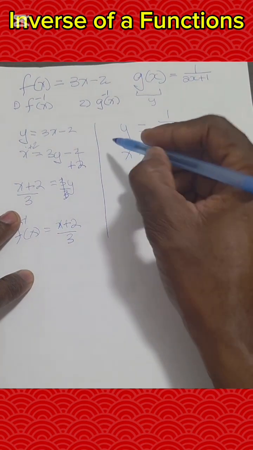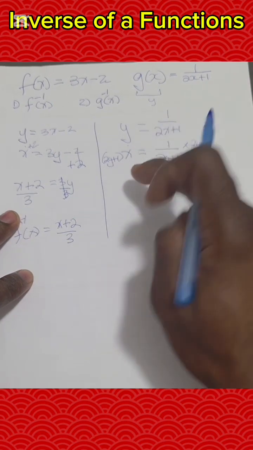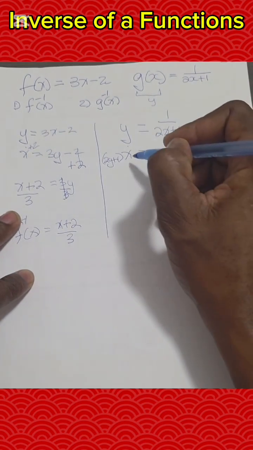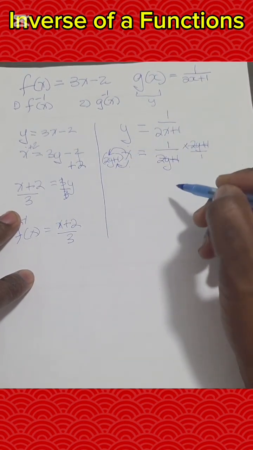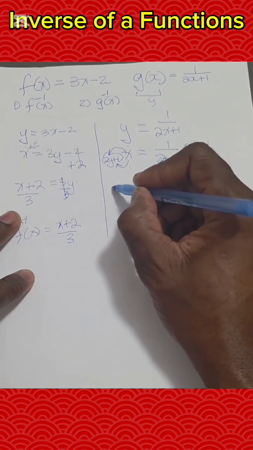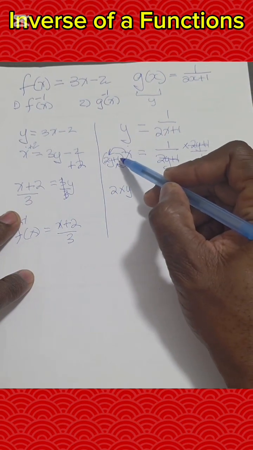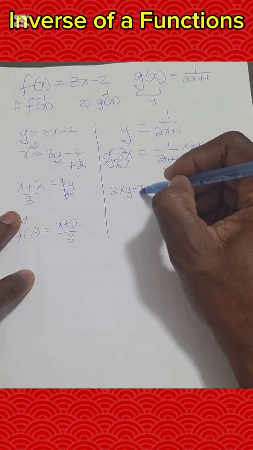But on the other side, we're going to have 2y plus 1 times x. So we're going to distribute this x inside. So we're going to have x times 2y and then x times 1. When x is multiplied by 2y, we're going to have 2xy.